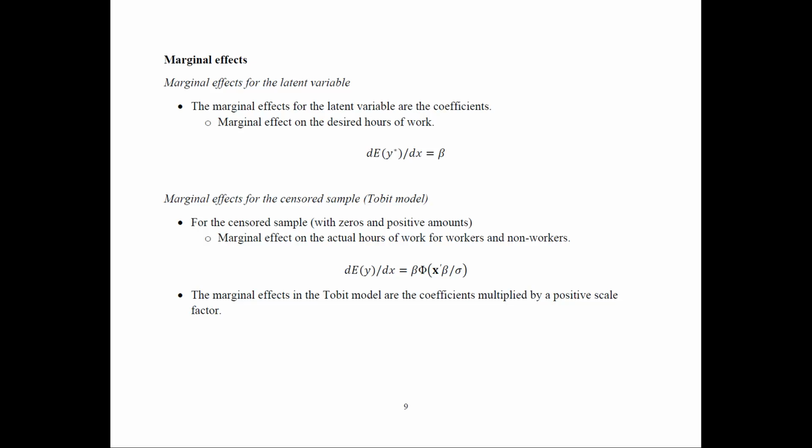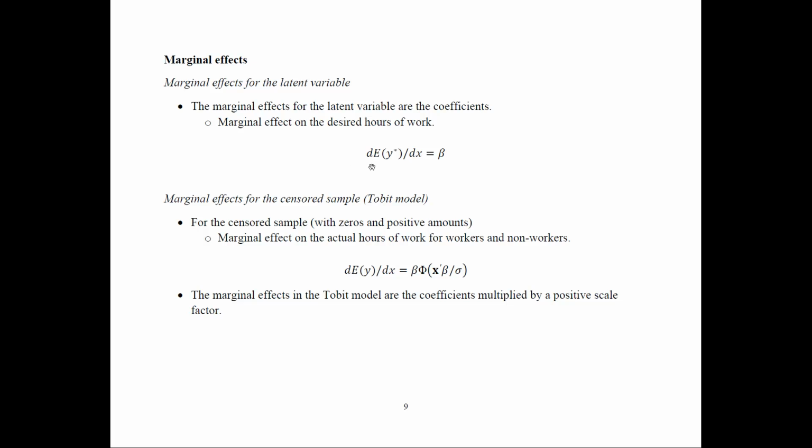Okay, so now I will talk about marginal effects. There are three types of marginal effects that we can calculate in the Tobit model, depending on what is the effect that is of interest to us. The marginal effect for the latent variable are the coefficients themselves.